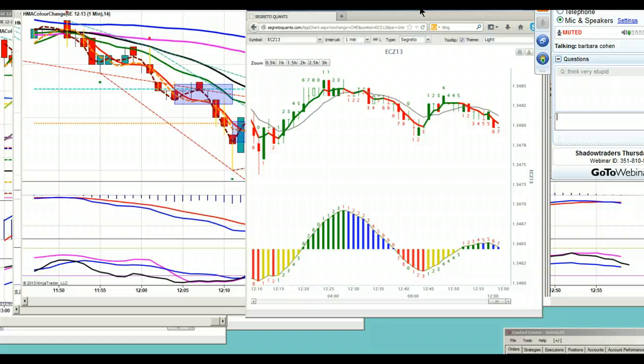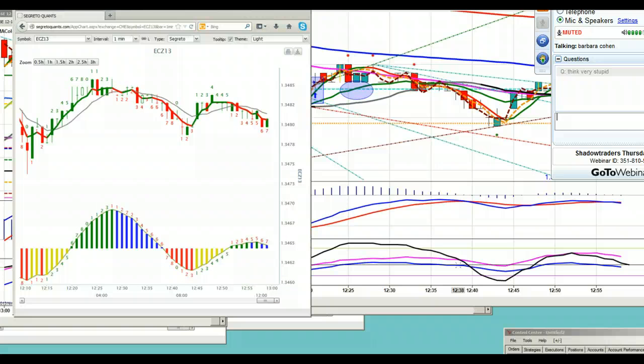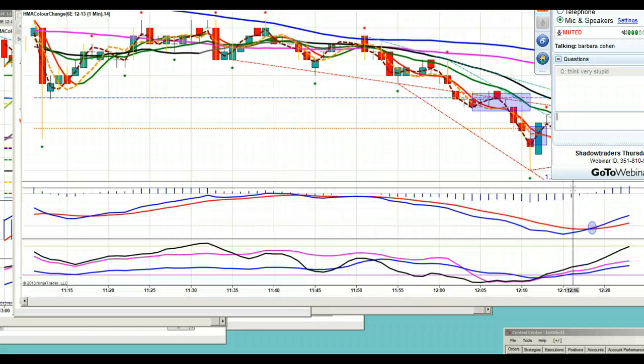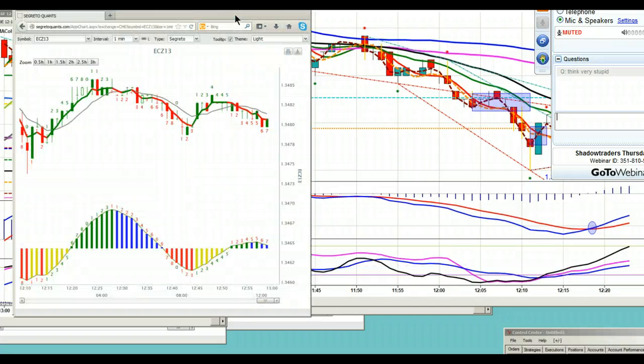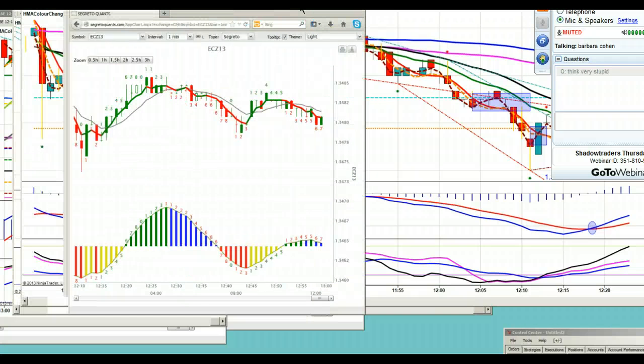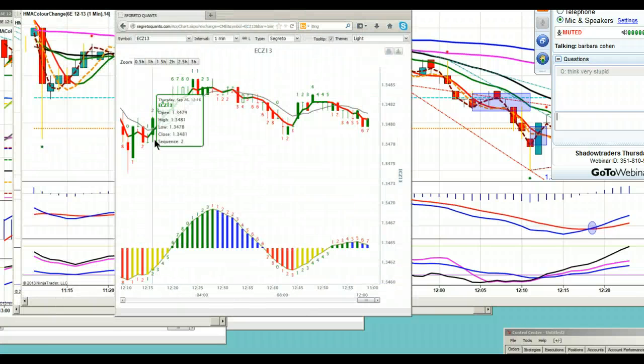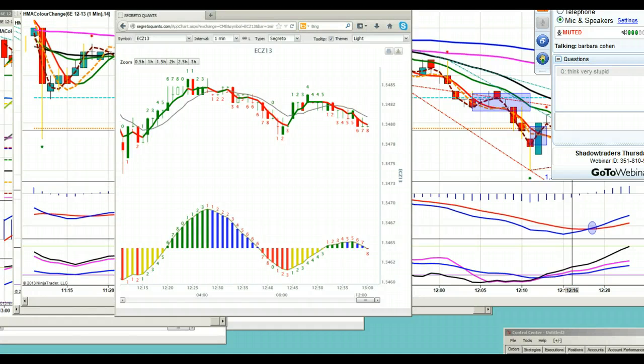So rather than following green stuff and lagging trend lines as we would be on Ninja, if you go here, you can see what helps me with the Segredo is candle number 2 is at 12:16. On this candle, the HMA had turned green and it was a true gap close. Notice the stochastics had already started to trek back up.